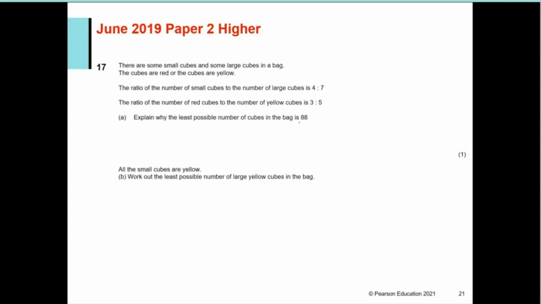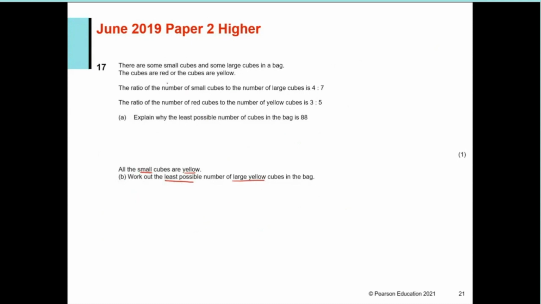Okay, so for part A, that's to do with lowest common multiple, and the total of the two ratios are 11 and 8, so the lowest common multiple is 88. But in terms of the bar modelling for this part B here, all the small cubes are yellow. Work out the least possible number of large yellow cubes in the bag.